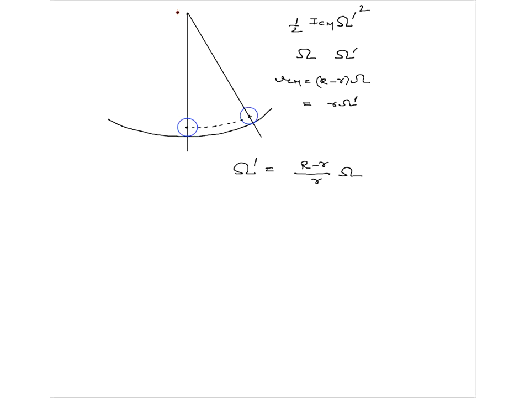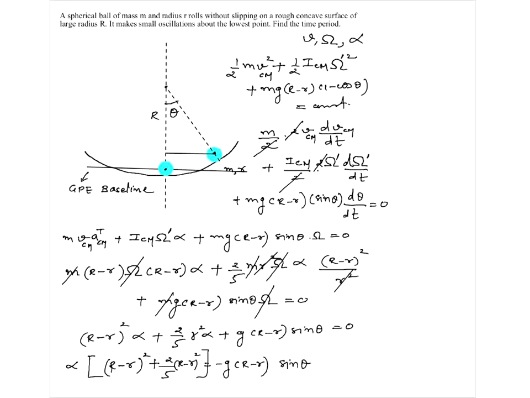For SHM, which is about this, we have used just this omega, and for rolling, we have used this omega. So if you look at this step, kinetic energy is written for rolling motion, right? It is written for rolling motion. And for rolling motion, omega should be omega dash, not SHM's omega, which is about this point.